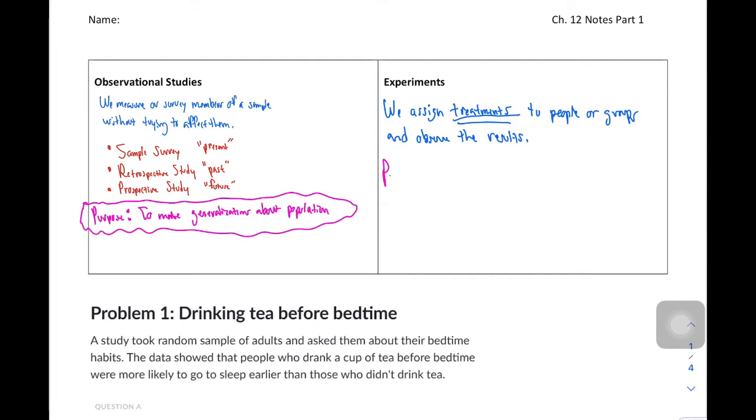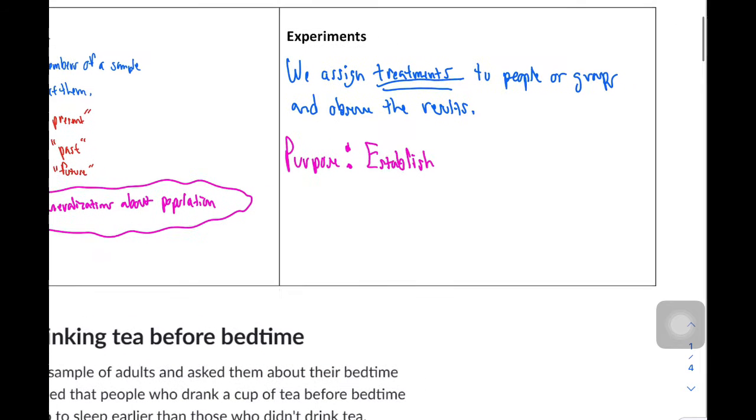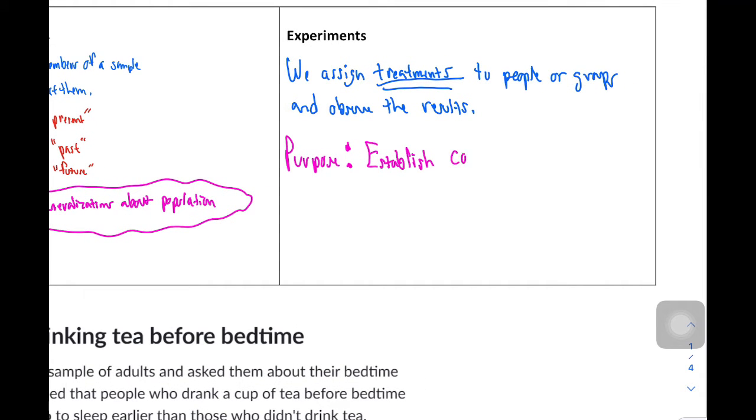And the purpose for an experiment, we want to establish what's called causality. And this is basically causation, right?